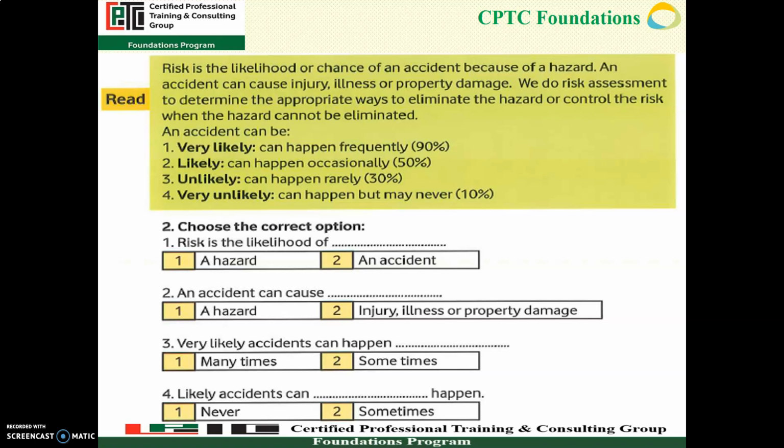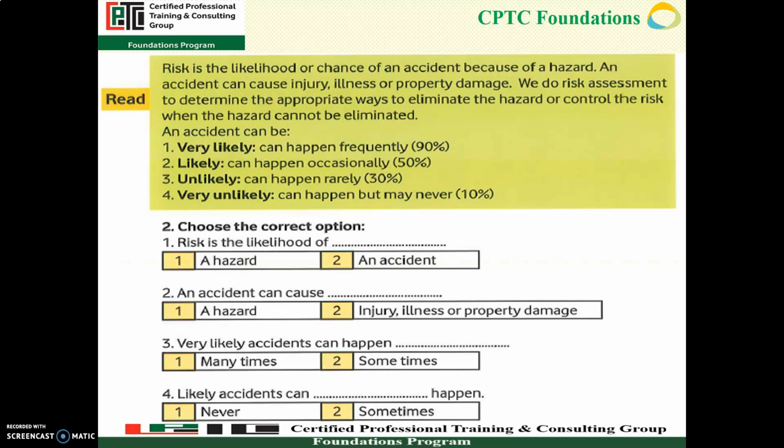So let's move to the exercise now. Choose the correct option. Number one, risk is the likelihood of a hazard or an accident. Question number two, an accident can cause a hazard, or it can cause injury, illness, or property damage.